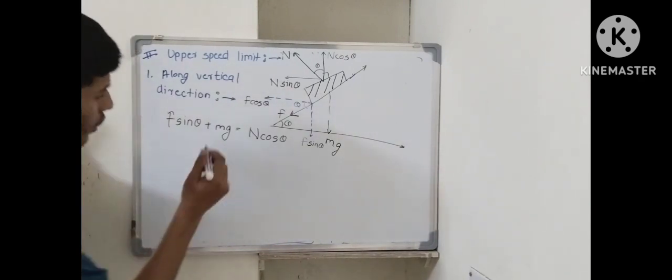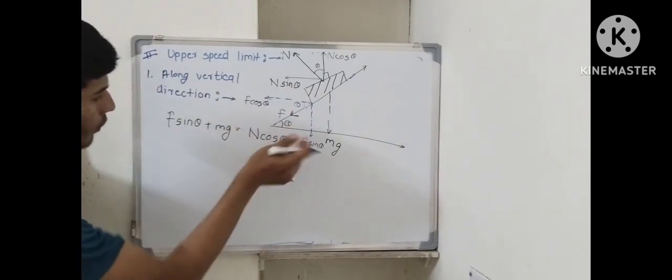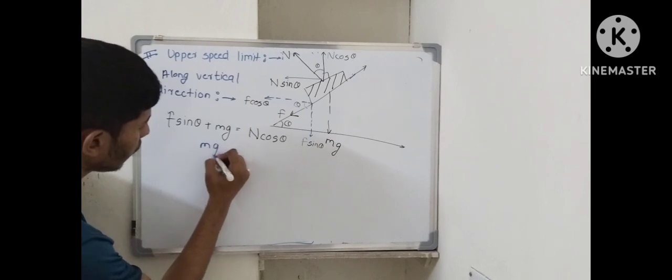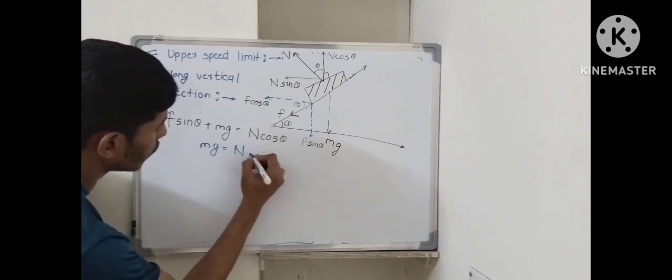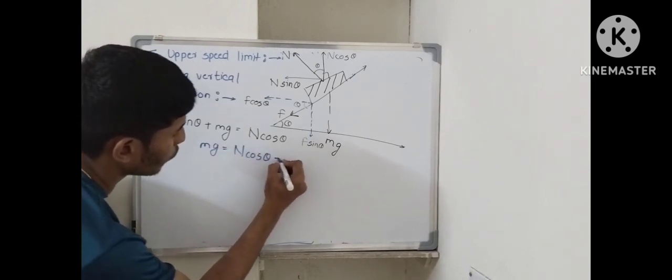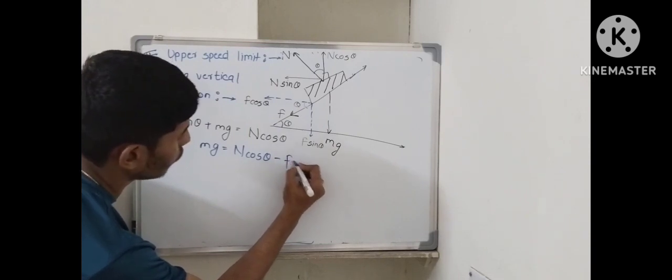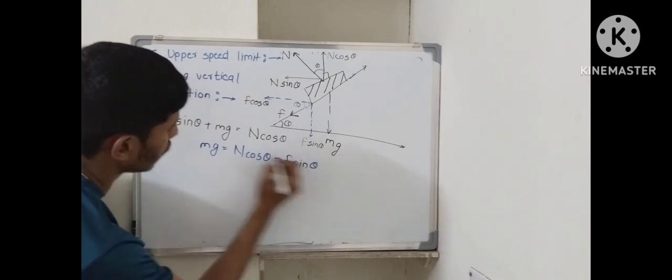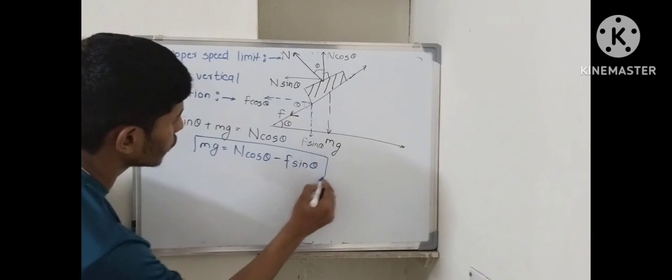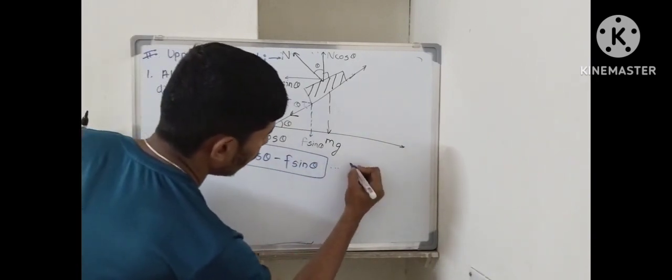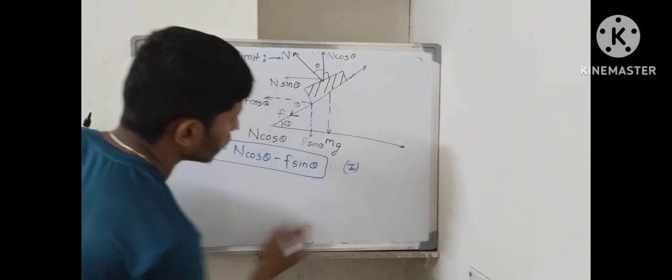So f sin theta हम राइट हैंड साइड में शिफ्ट करेंगे. mg is equals to n cos theta minus f sin theta. So this is our first equation along vertical direction. Name it as 1.